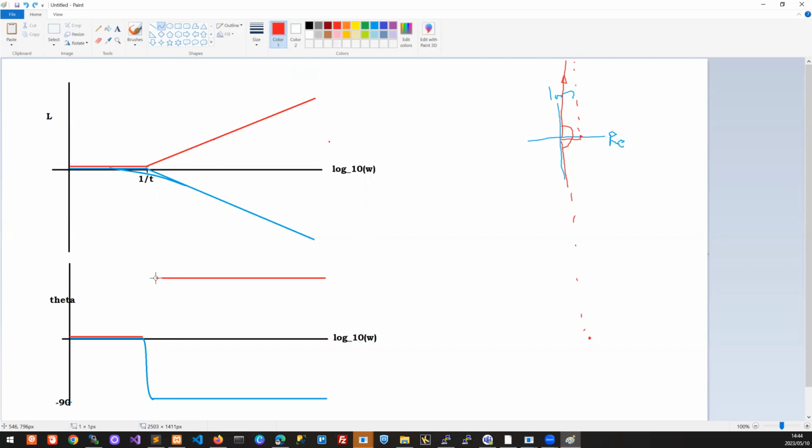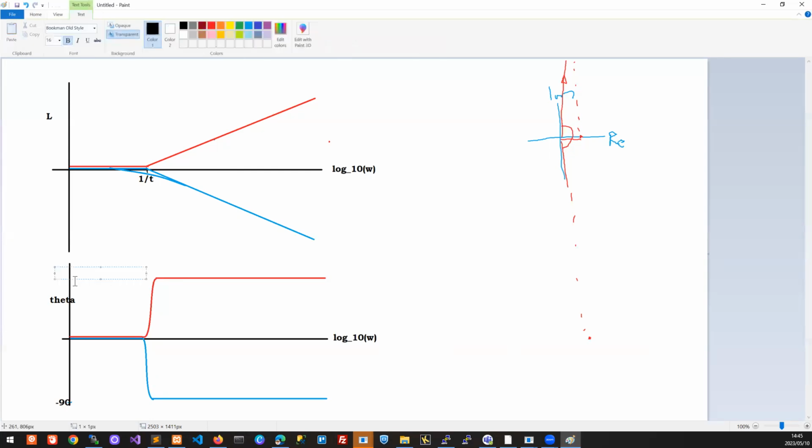Right, so that's our asymptote. And so it's quite symmetrical, right, in these two cases, and we should label here a plus 90 degrees. So plus 90 degrees.